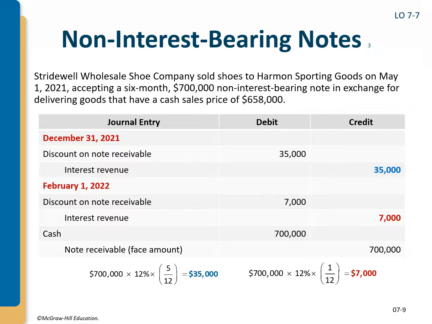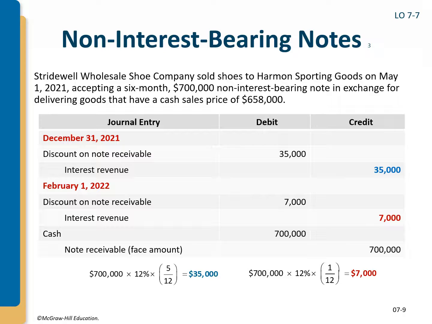Remember, interest is always occurring. The portion of the interest that has occurred, or you could look at it as 5/6, of that $42,000 that's sitting in the discount on note receivable represents 6 months worth of interest. 5/6 of it, or you can calculate it as you see there, now must be recorded as interest revenue at the end of the year.